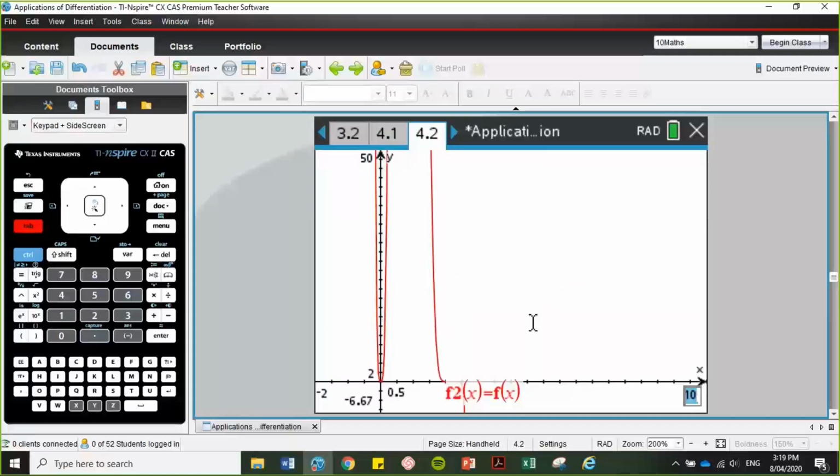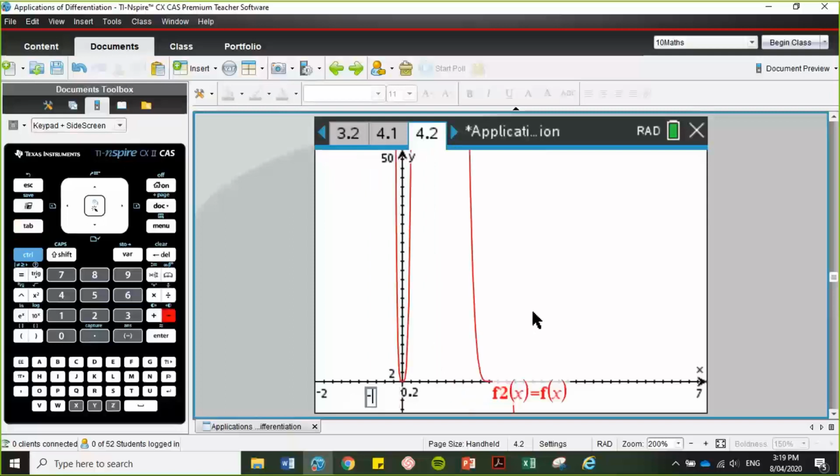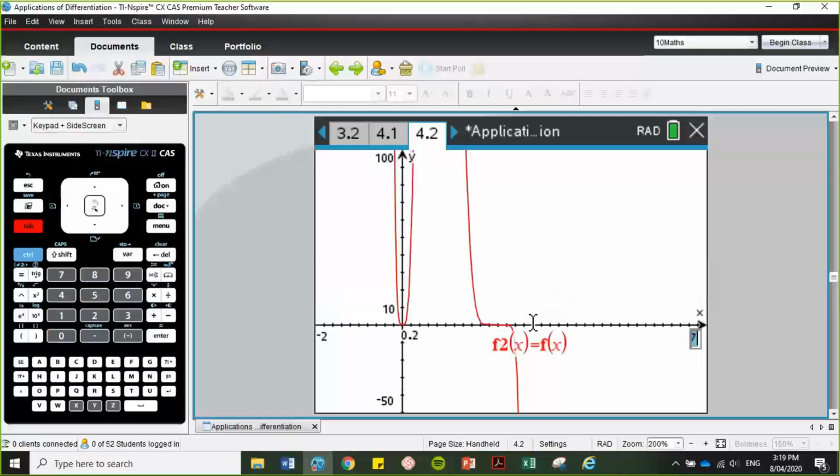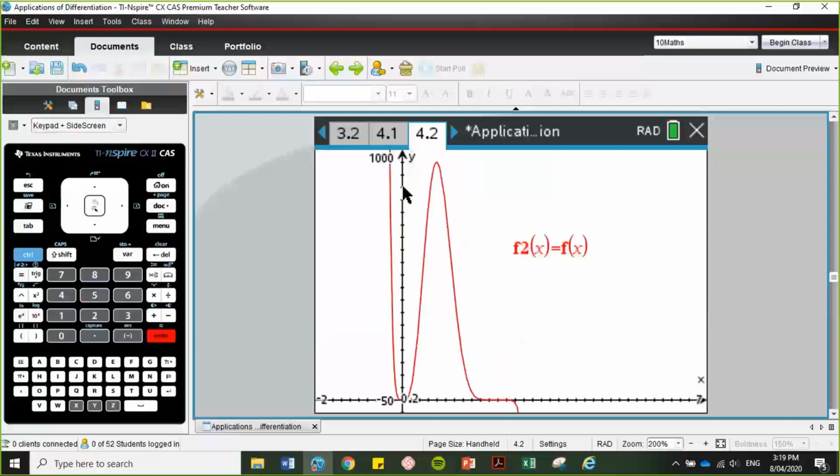I can reduce that value a bit and fiddle around with my scale until I'm happy with the way that it's looking. So it's always a good idea to see the graph. Obviously, we're not seeing the maximum up there. There we go. It's not a bad idea to have a look at it.